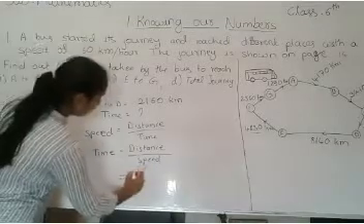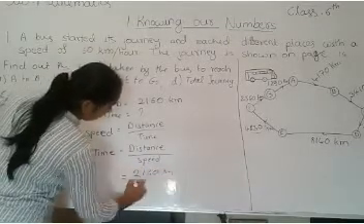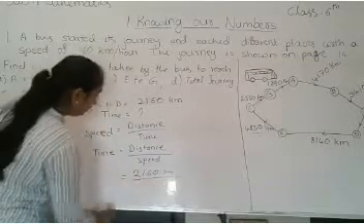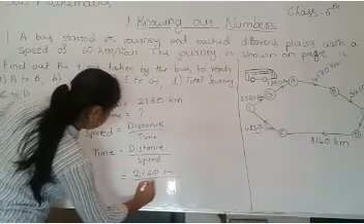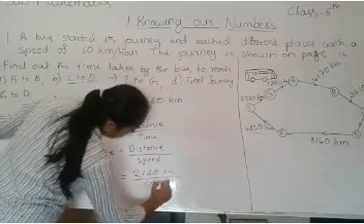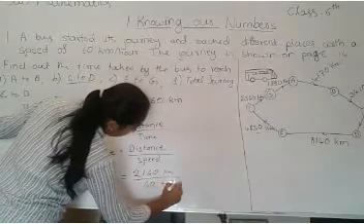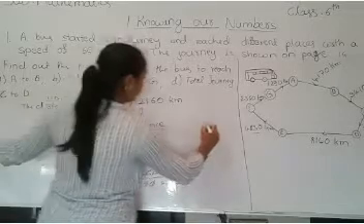Distance, how much? 2160 kilometer. Then speed 60 kilometer per hour. 0 0 cancel.